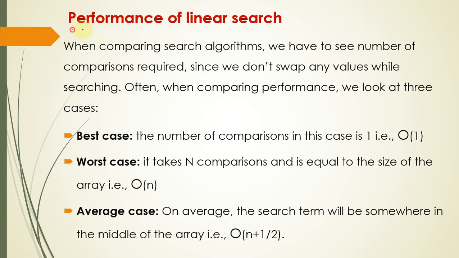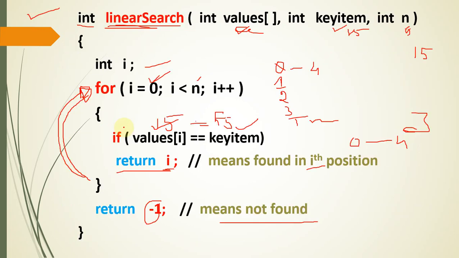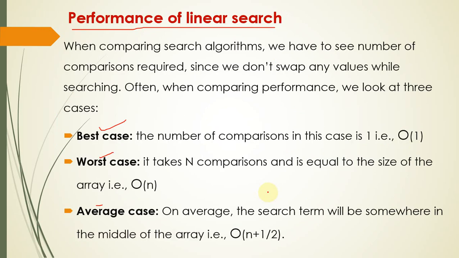If you consider the performance of linear search, you can make 3 categories: best case, worst case, average case. These are nothing but the situations when the search method will find the item quickly or slowly. If the search item is at the beginning, it will be found very quickly with only one comparison.